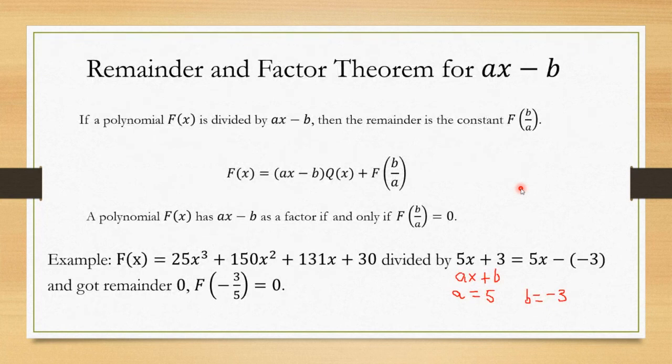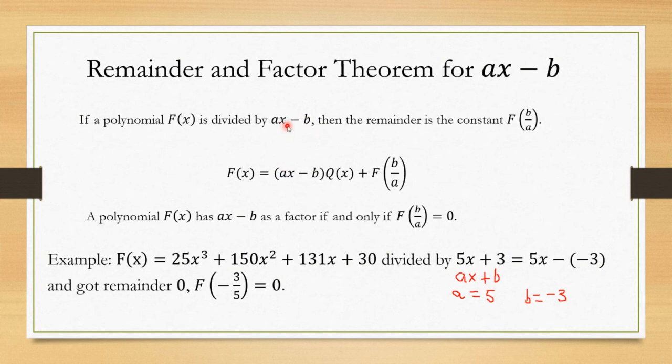Now this is sort of a slight generalization of the remainder and the factor theorem we saw earlier. Namely, before we had x minus a number, a. In this case, we have a times x minus b.